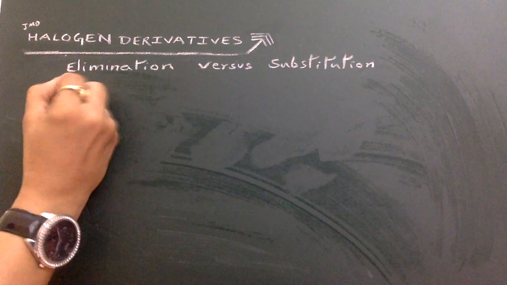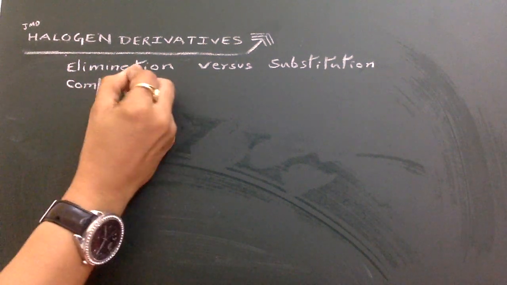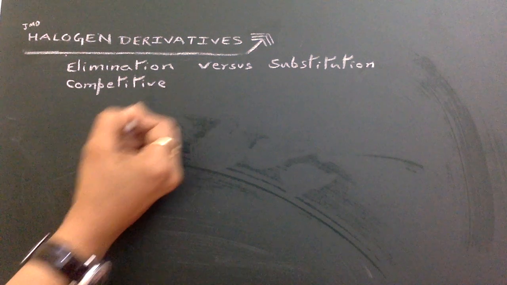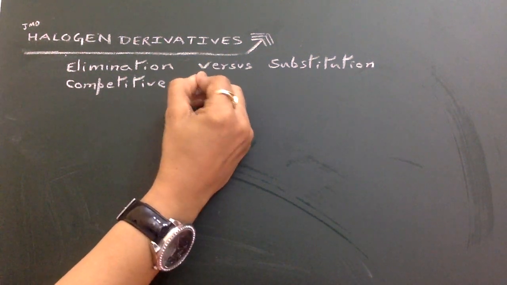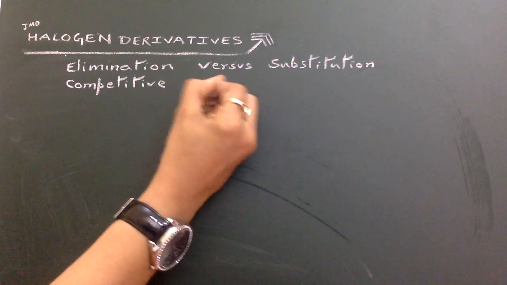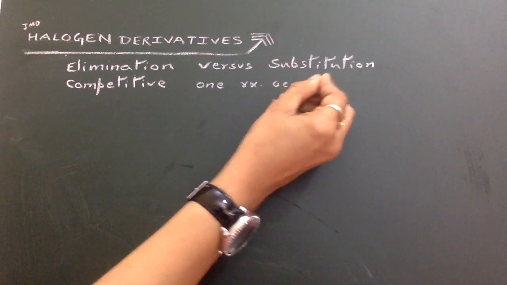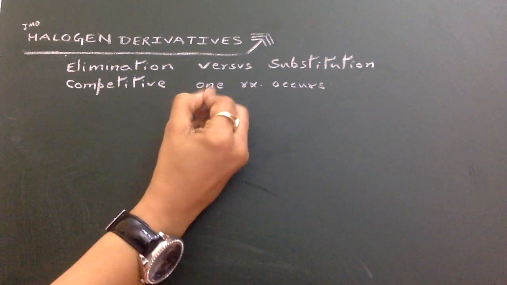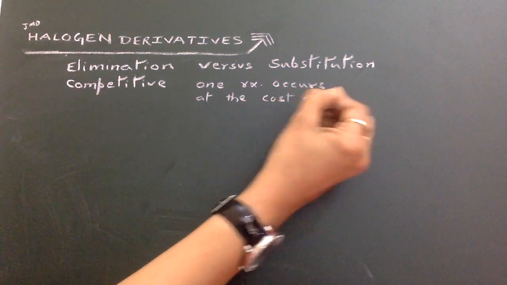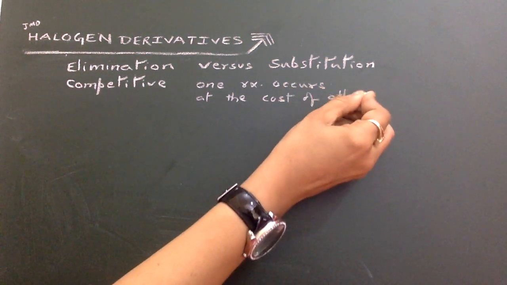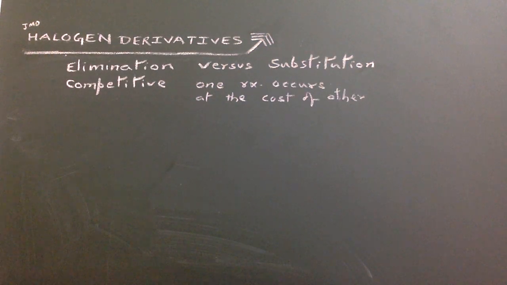Now, elimination and substitution reactions are highly competitive. They're very competitive. That is, one reaction occurs at the cost of the other. One reaction occurs at the cost of the other.